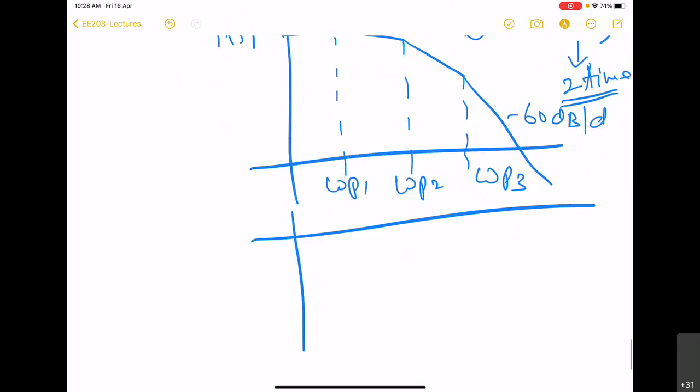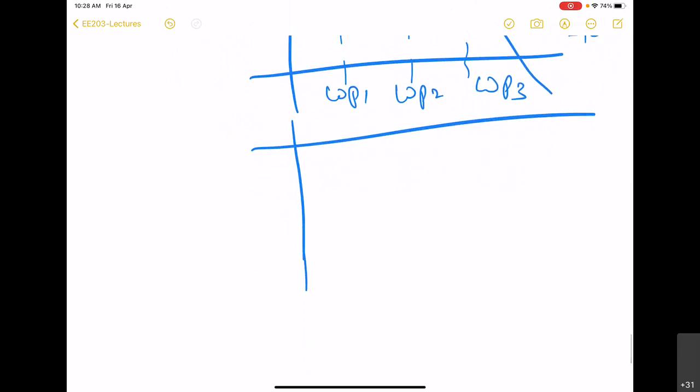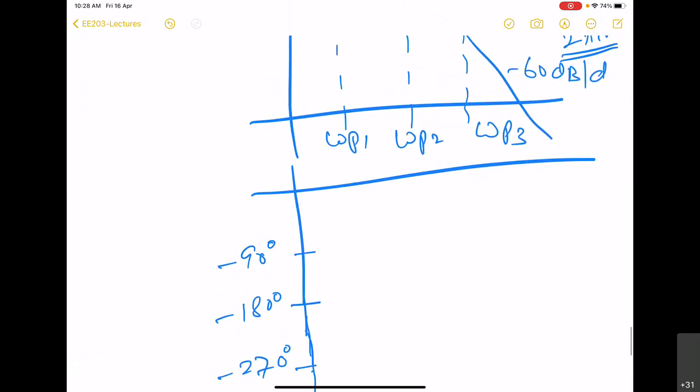And what will be the phase? Each of the poles will ultimately give rise to 90 degrees, and finally there will be a total of 270 degrees phase shift. So this is due to the first pole, this will be due to the second, and then this will be due to the third one.